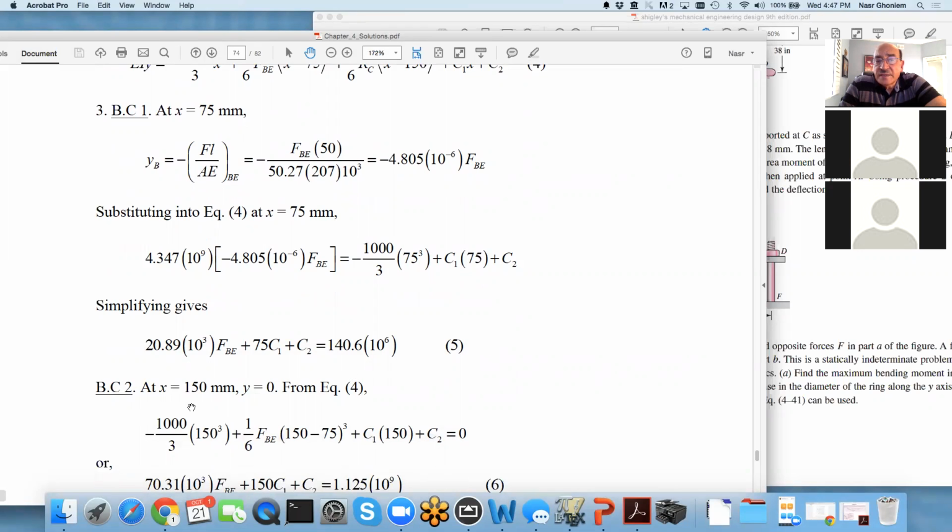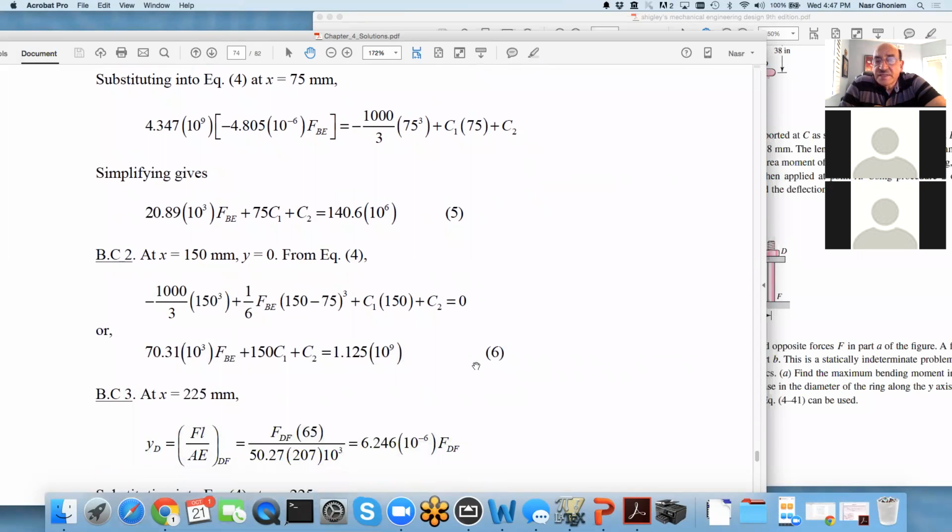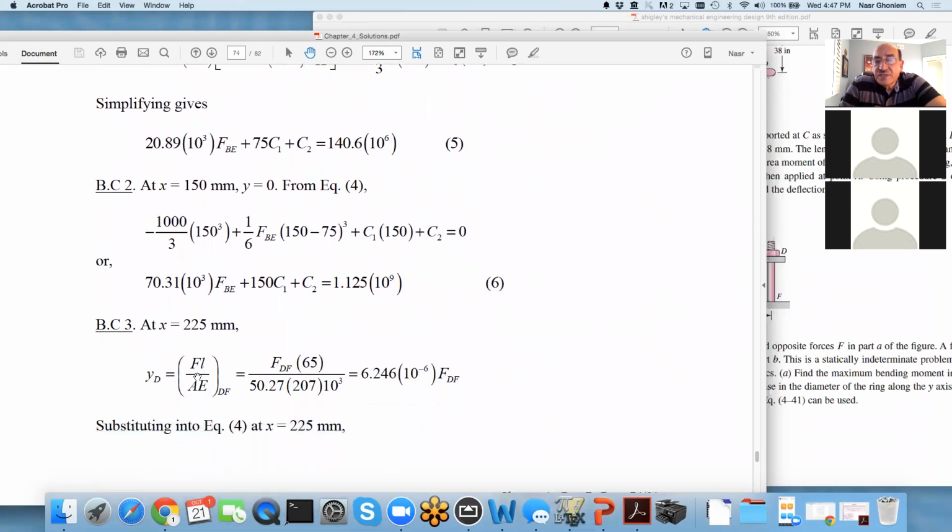And at X equals 150 millimeters, the deflection I know for sure is equal to 0. I substitute that, and I get another equation, 6. And finally, at the other end, the deflection here is F over K effective, which is FL over AE. And that brings in another relationship with the force.